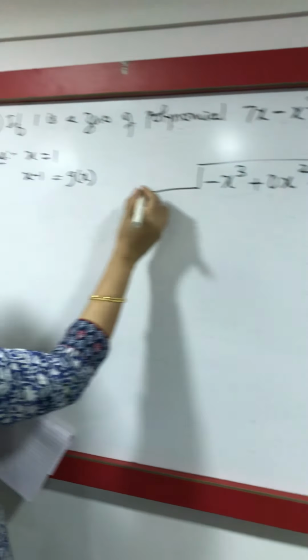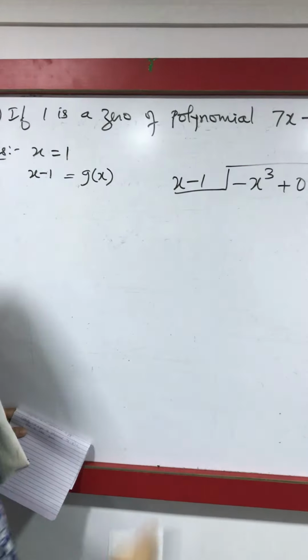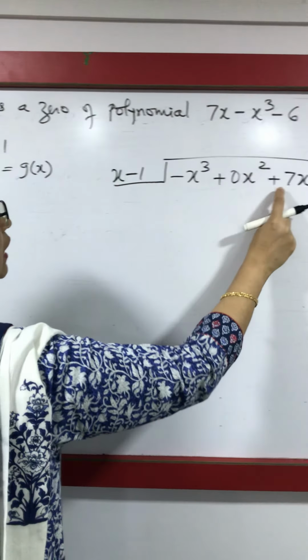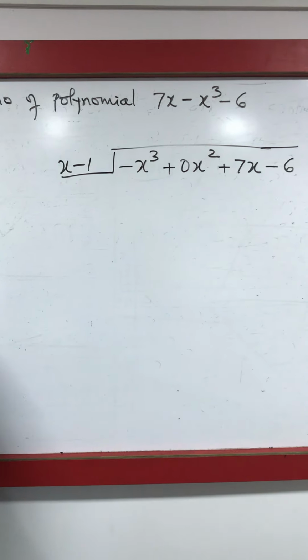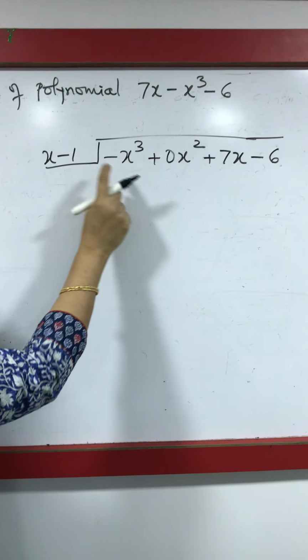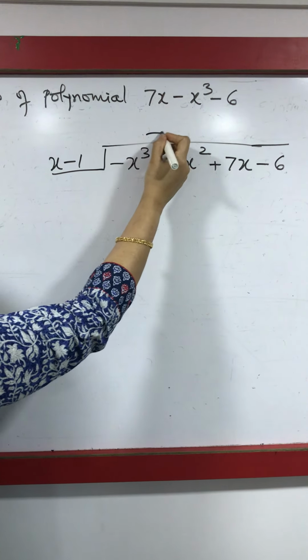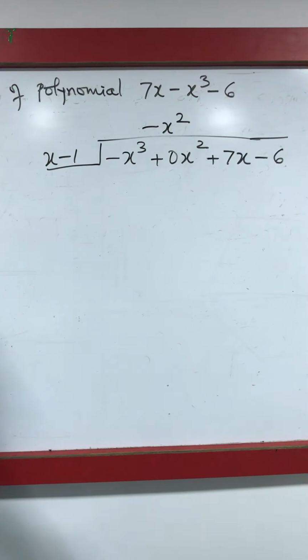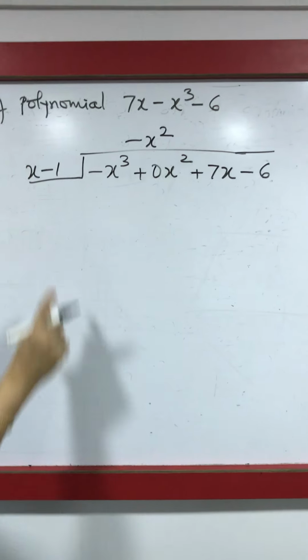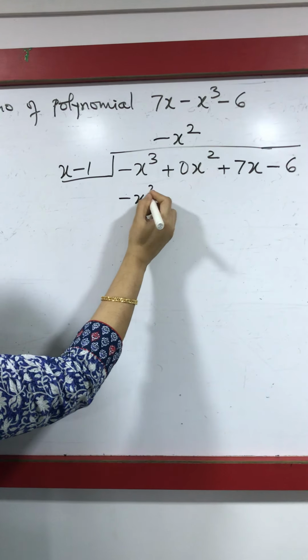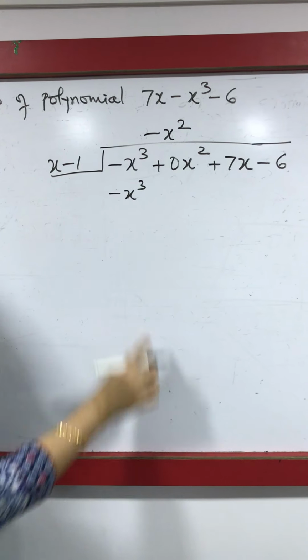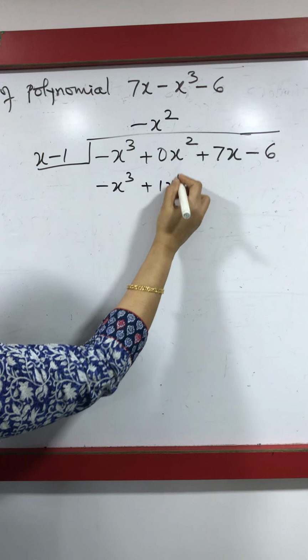Remember, the divisor may not be in standard form, but if you put the dividend in standard form, it will solve easily. To find the first term, we divide minus x cube with x, and that is minus x square. So that's minus x cube, negative into negative is positive 1x square.